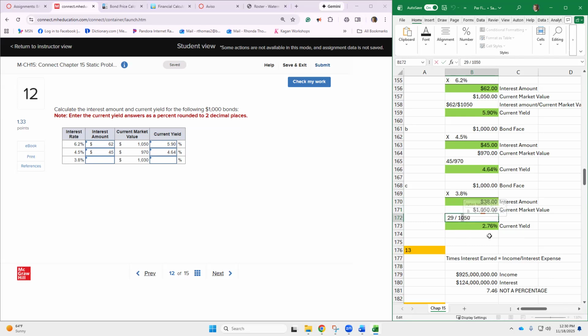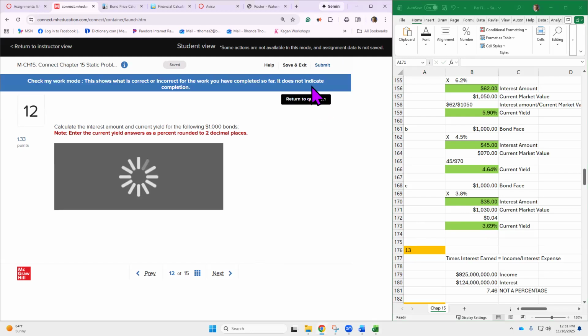So then you take that $38 and divide it by $1,030. So the current yield of this last one is 38 divided by 1,030. Okay, 3.69. Not too bad.